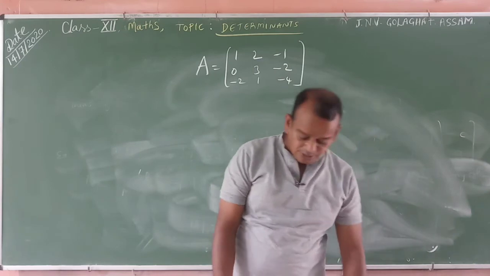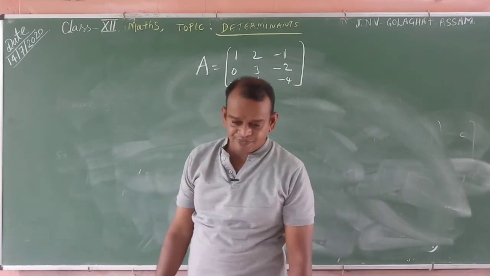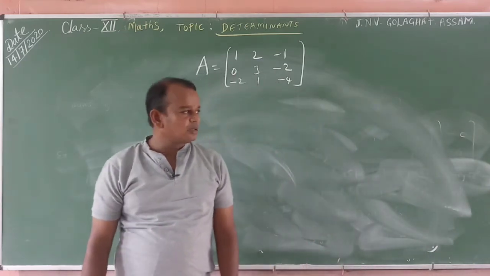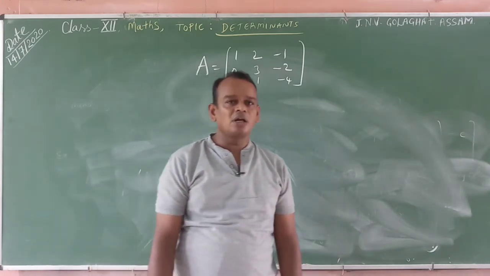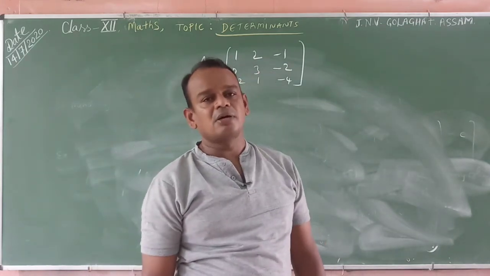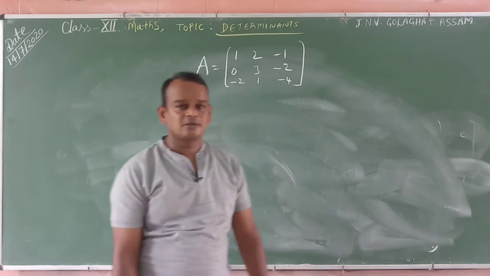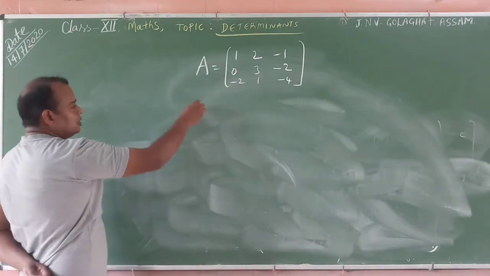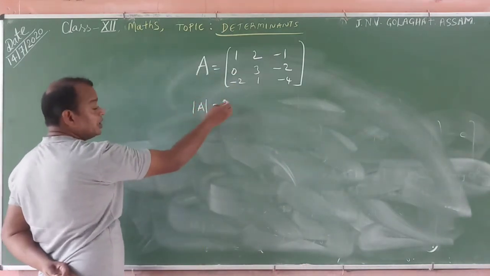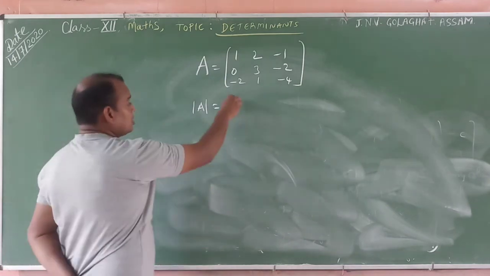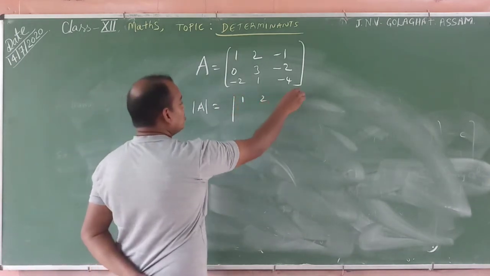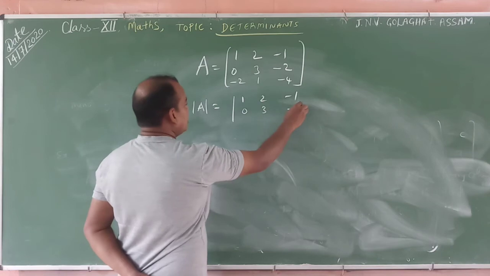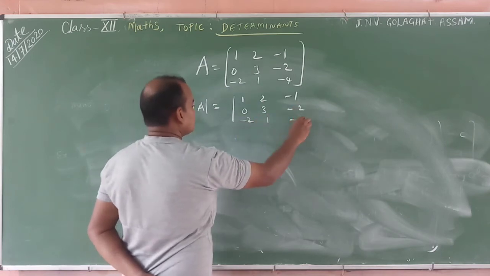What is the determinant of a matrix of order 3 by 3? The sum of the product of the elements of any row or any column with their corresponding cofactors is called the determinant of the square matrix. Now det A means vertical bars 1, 2, minus 1, 0, 3, minus 2, minus 2, 1, minus 4.